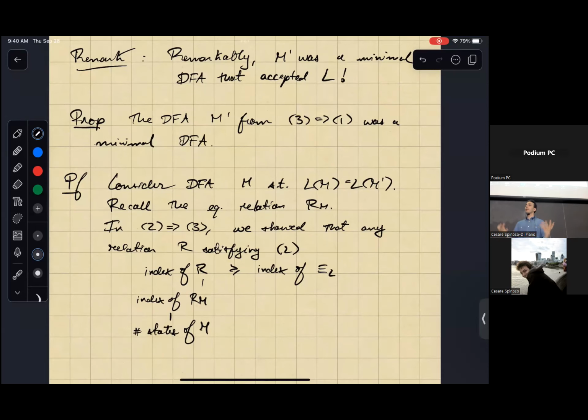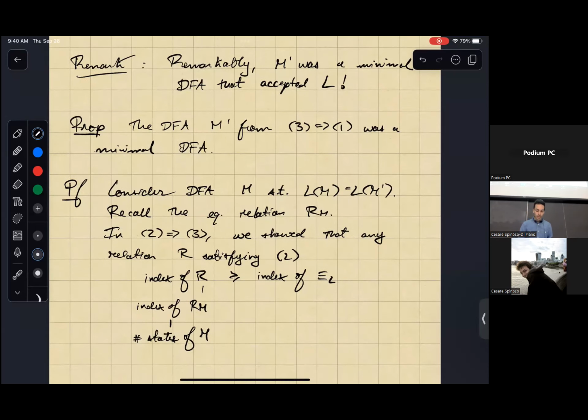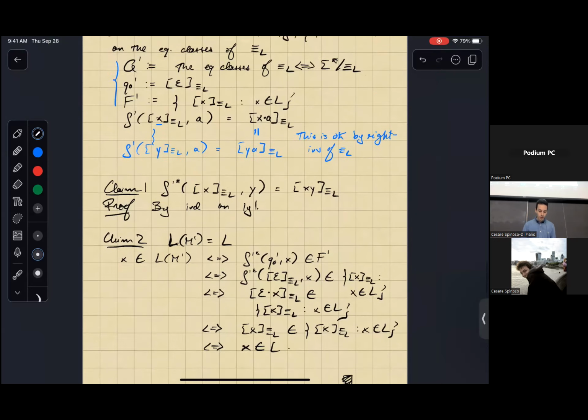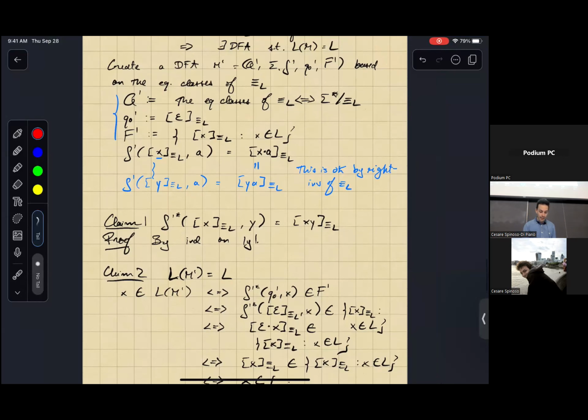Well, the index of any relation is its number of equivalence classes. But by the way that we constructed the machine M prime, we said that Q prime was the equivalence classes of the Myhill-Nerode relation.